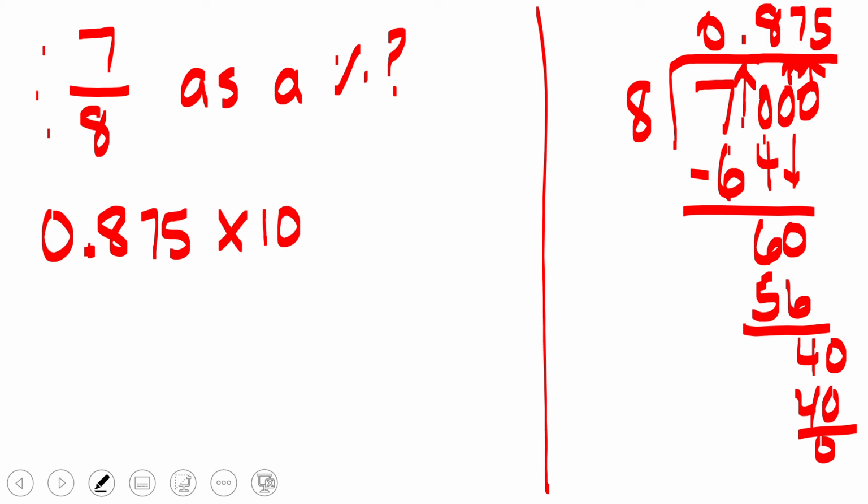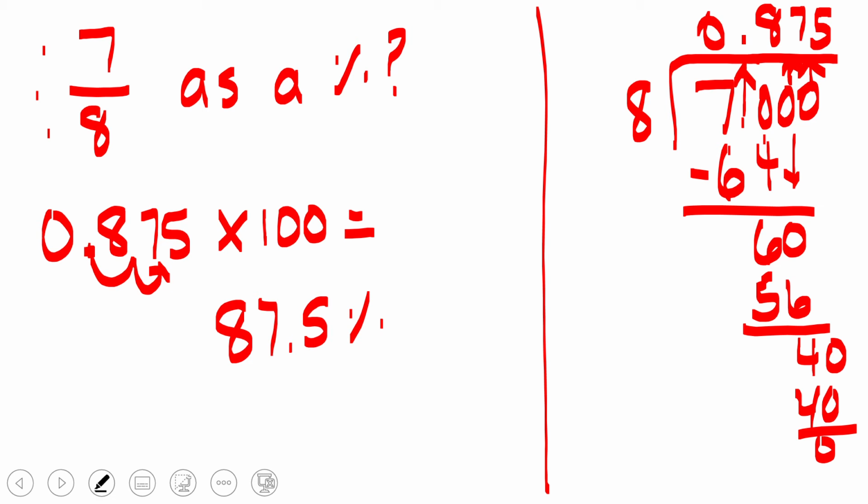Multiply that by 100 to make it a percent. And that will equal 87.5%. 1, 2. I'm moving that decimal over 2 places by multiplying 100. So from our decimal equivalent and dividing our fraction, we can multiply by 100 and find the final percent.